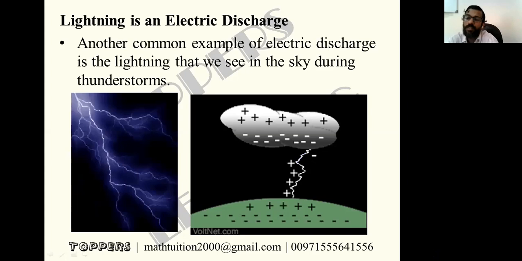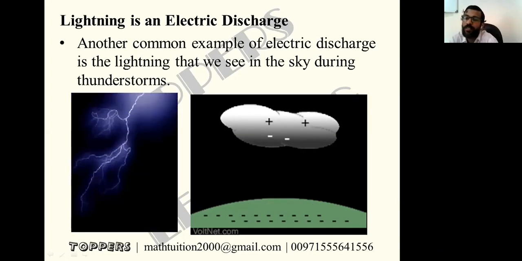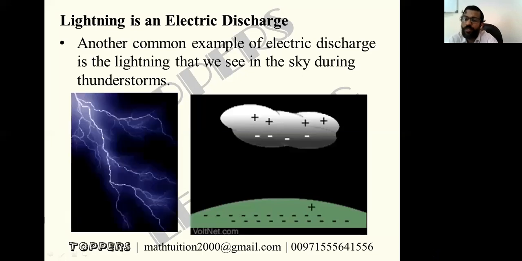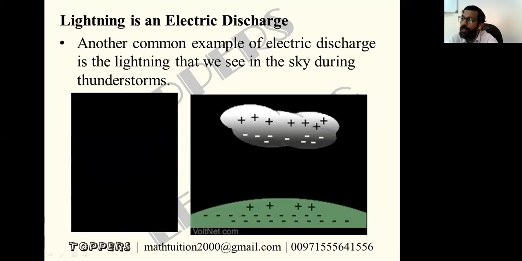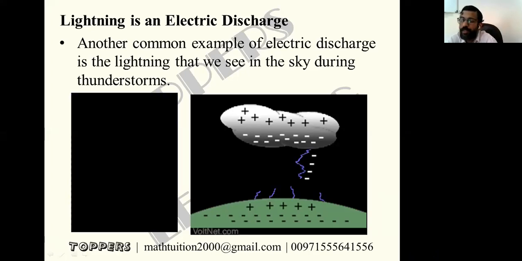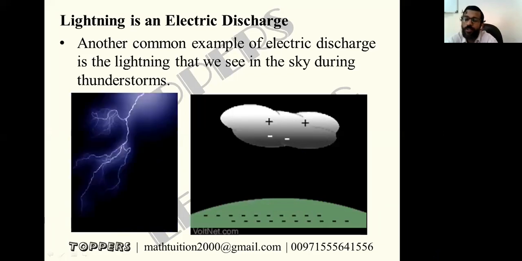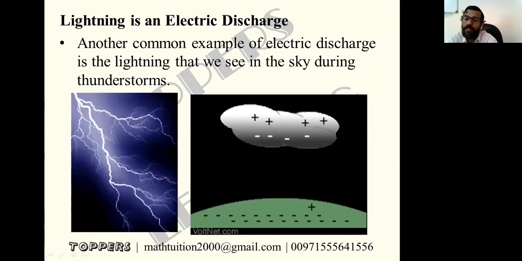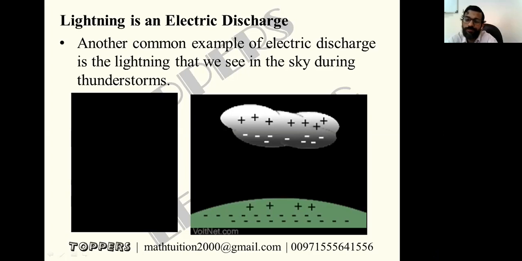Such a high voltage of charge is accumulated in the cloud. What will happen? It will be forced to discharge. Normally, air is a non-conductor, right? Electricity will not flow through the air. But forcefully, it will ionize the air particles, and that will flow to the earth.